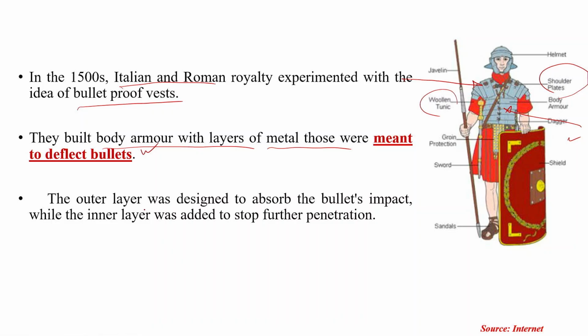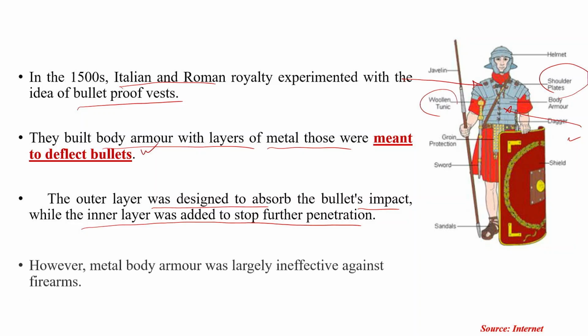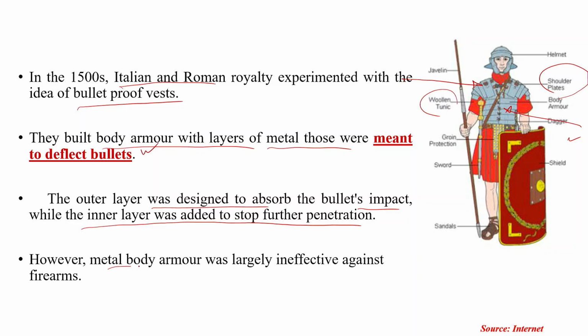The outer layers were designed to absorb the bullet impact with a hard liner, while the inner layers were added to stop penetration. However, metal body armor was largely ineffective against firearms due to its heavy weight, and it restricted body movement. The ergonomic design was poor.